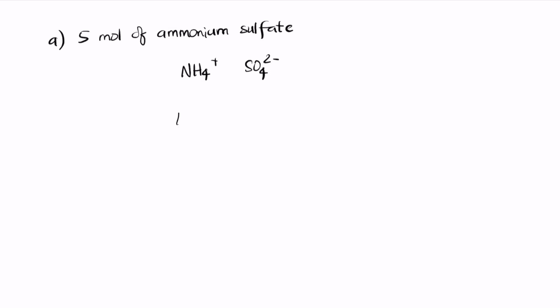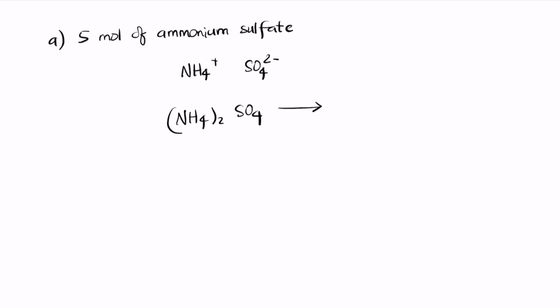So the first one is 5 moles of ammonium sulfate. So what is ammonium sulfate? Ammonium is NH4 plus, sulfate is SO4 2 minus. So the original compound is NH4 taken twice, SO4.